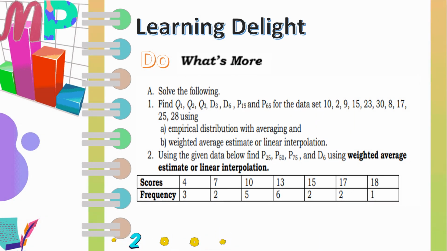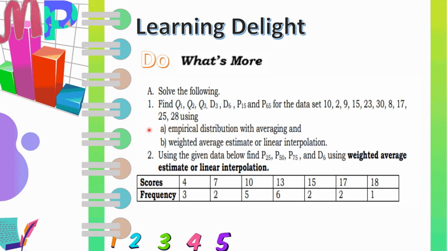Okay, for your learning delight, please read and understand lesson number 2, and then answer What's More. Letter A, you're going to solve Q sub 1, Q sub 2, Q sub 3, D sub 3, D sub 6, P sub 15, and P sub 65 using the given data set: 10, 2, 9, 15, 23, 38, 17, 25, and 28, using two methods.